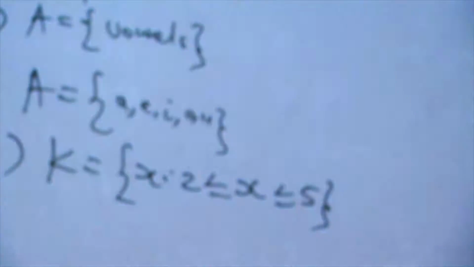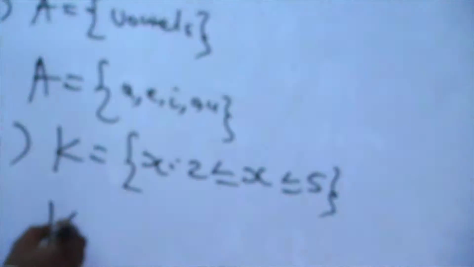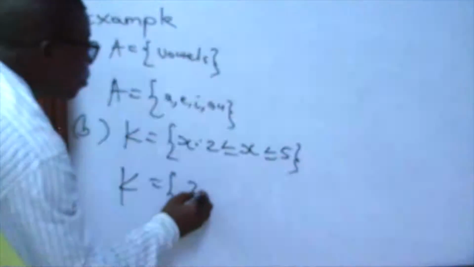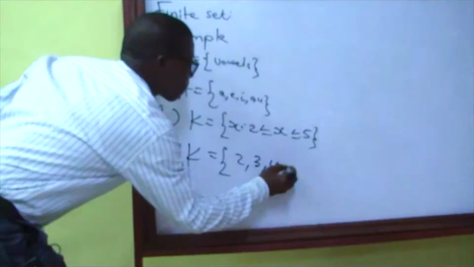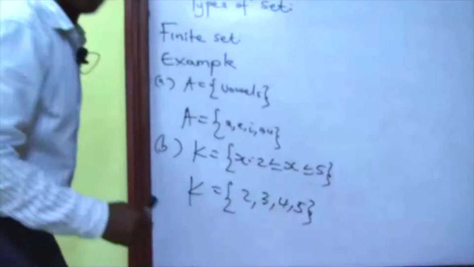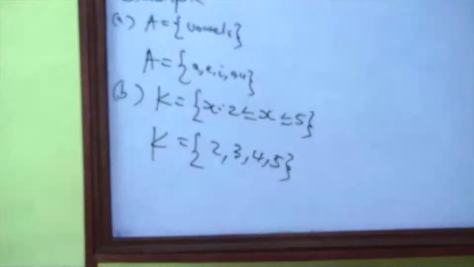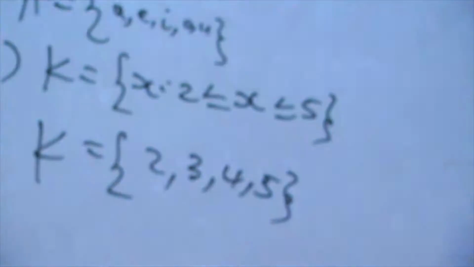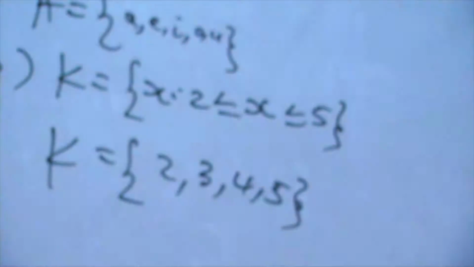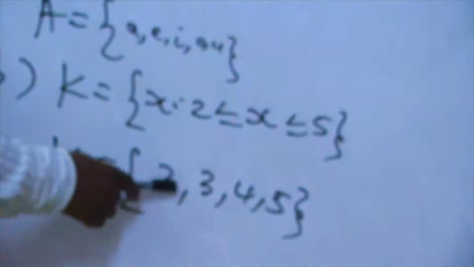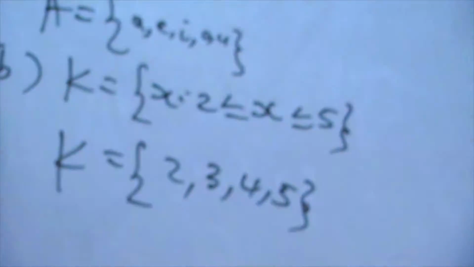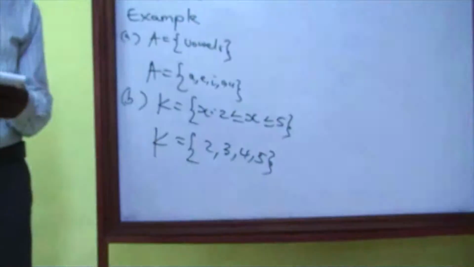Before we determine whether it is finite or infinite, let us list the elements. The elements can be completely listed, so it's a finite set. In fact, how many elements do we have here? We have 1, 2, 3, 4. Four elements. So it's a finite set.